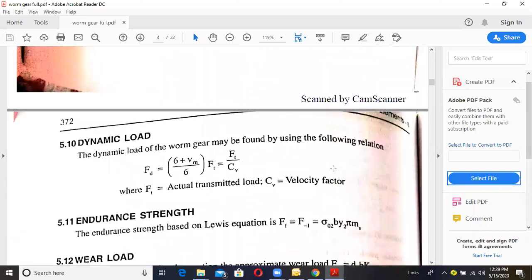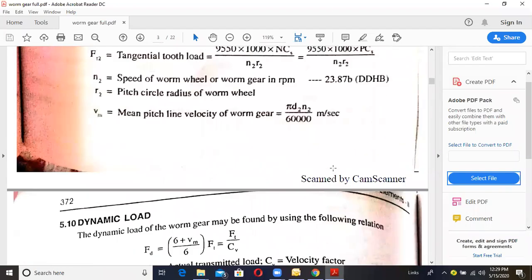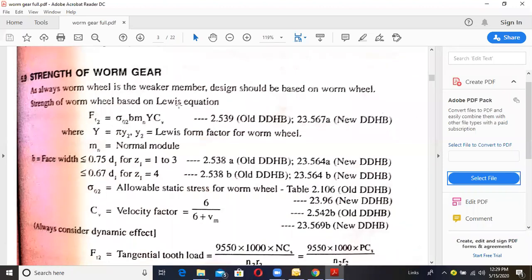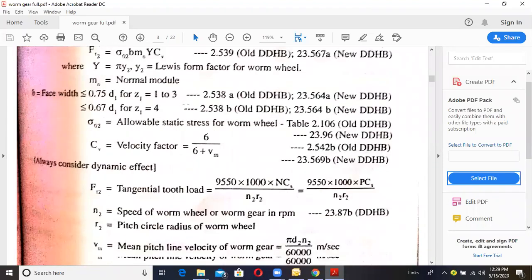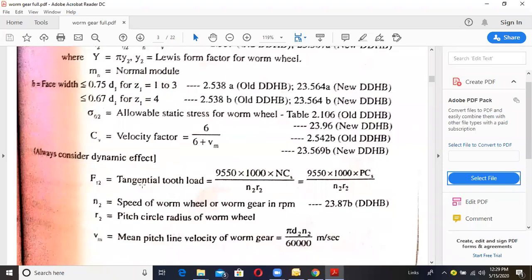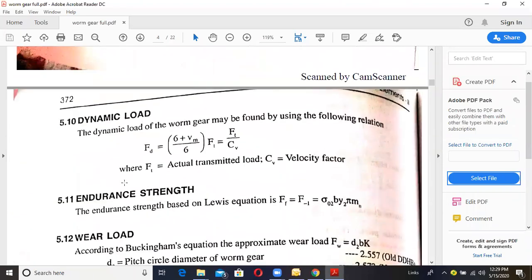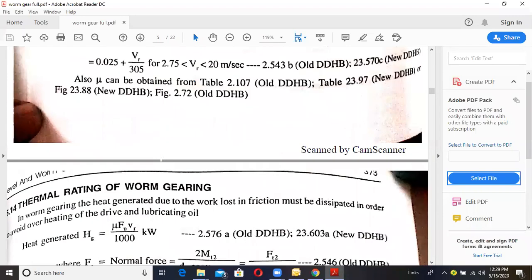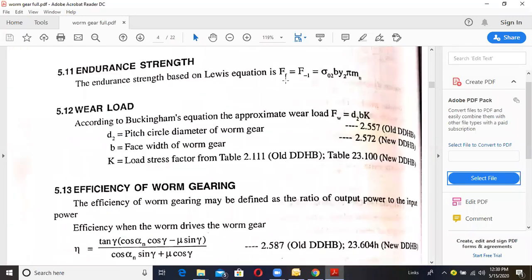These are the same things you have calculated in spur gears. There also you calculated Ft based on Levy's equation, tangential load, dynamic load, endurance strength, and wear load.